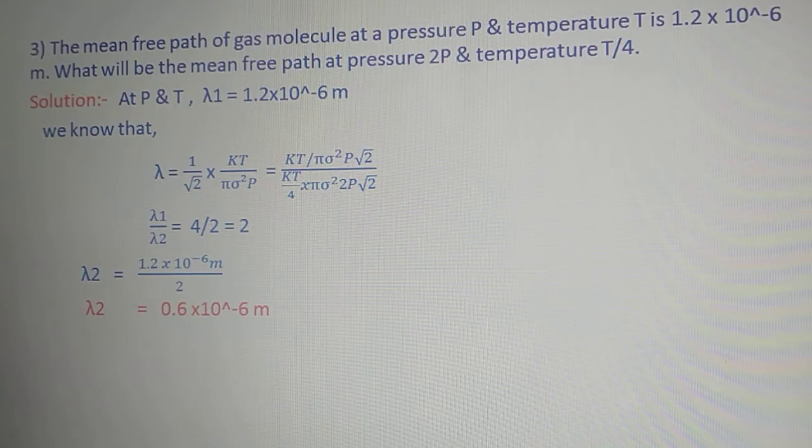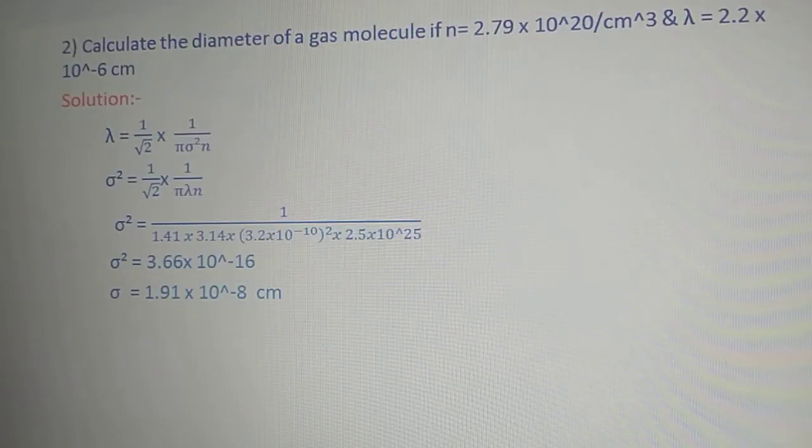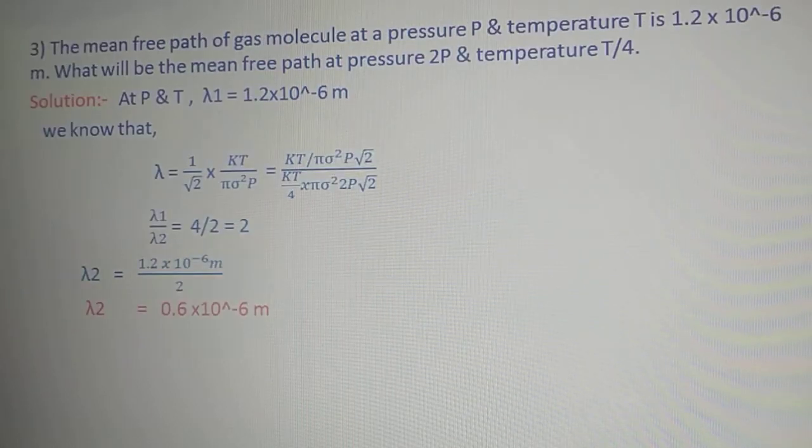right? So only one value is given to you, that is mean free path lambda 1, and we know that lambda is equal to 1 upon root 2 into kT by pi sigma square P. This is the formula for mean free path in terms of the pressure, and the earlier formula we have seen in terms of number of molecules per unit volume, n, right?